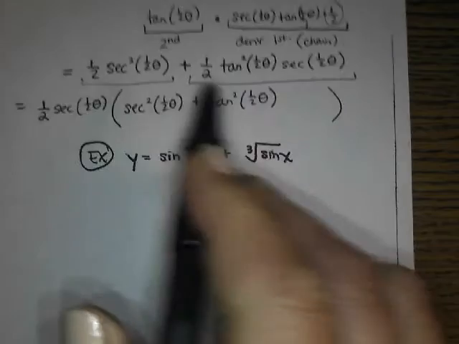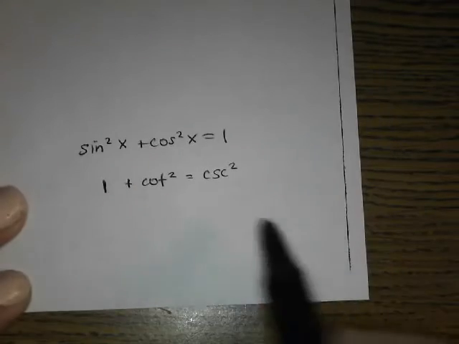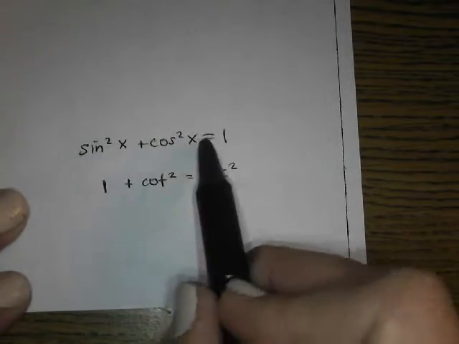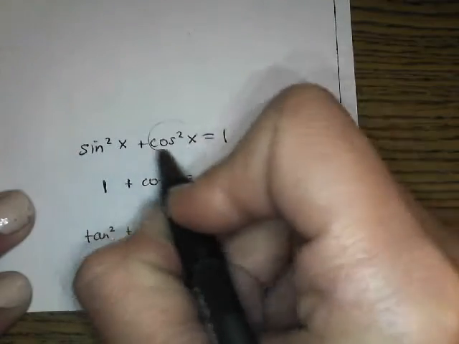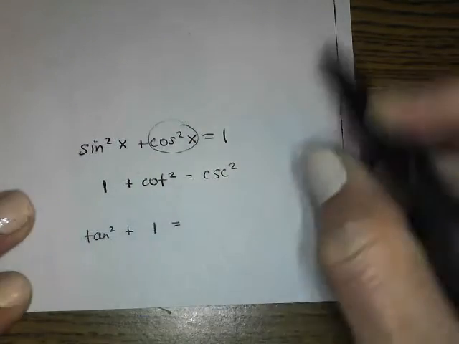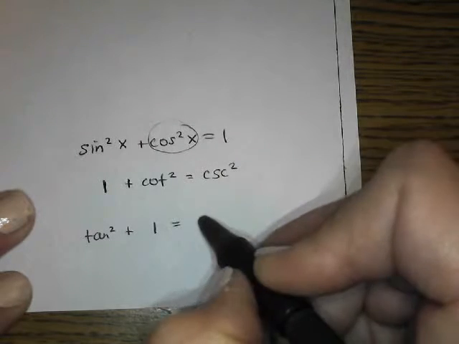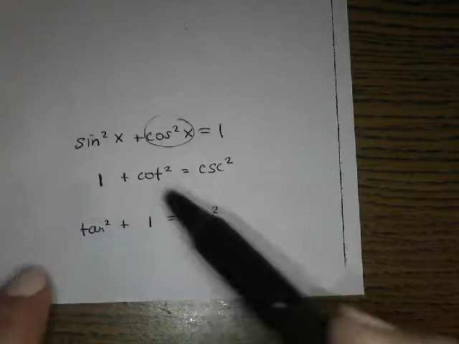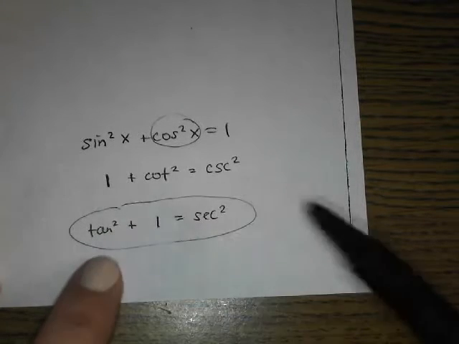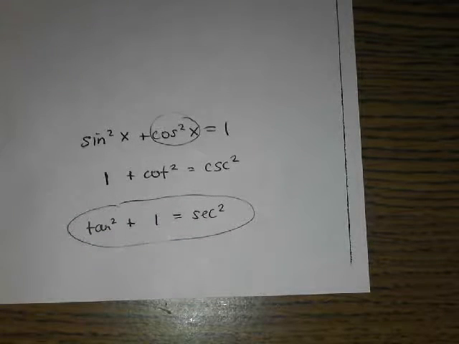That's not the one we're dealing with. If I divide everything here by cosine squared, I'll get tan squared plus 1 equals 1 over cosine squared, which would be secant squared. So, if anything, we might be able to capitalize on this one just to clean it up a little bit more.